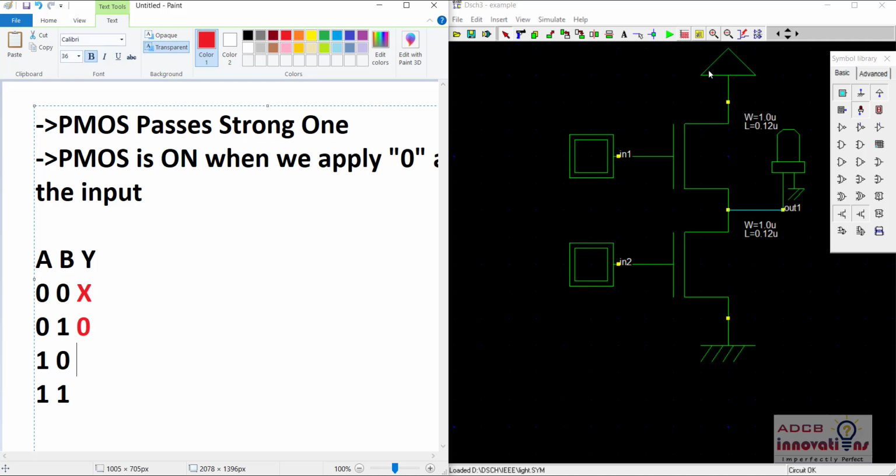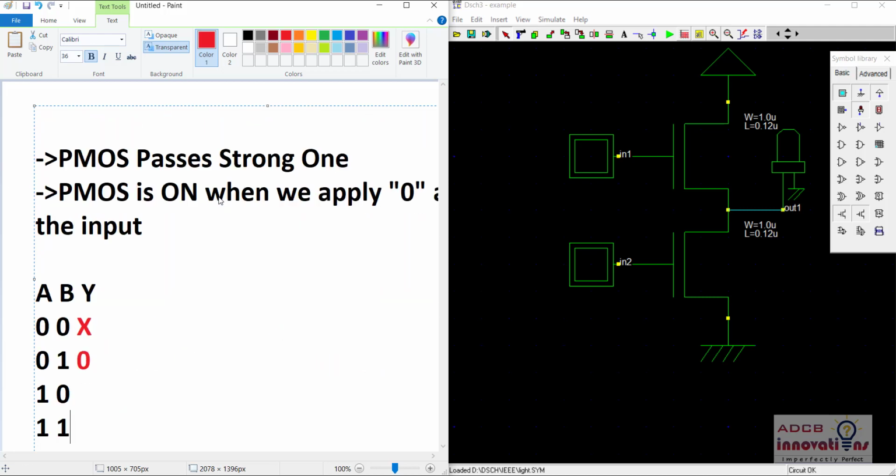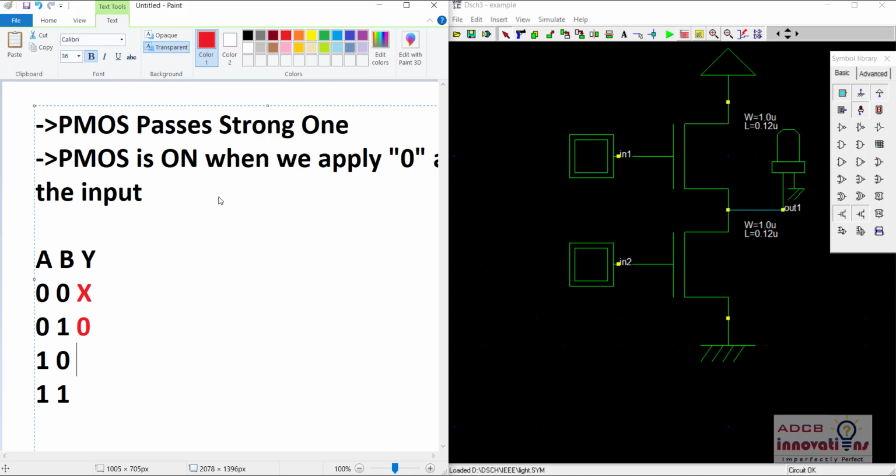Now this logic 1 should flow here, however, we have seen from the NMOS video that NMOS does not pass a strong 1, so we won't get 1 at the output. Again the output would be undeterministic.